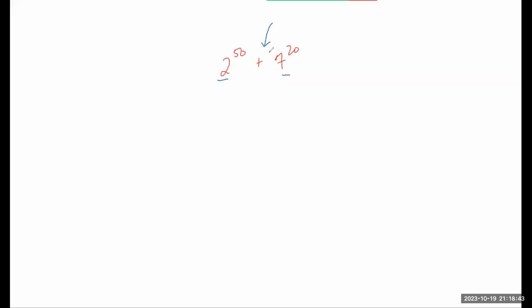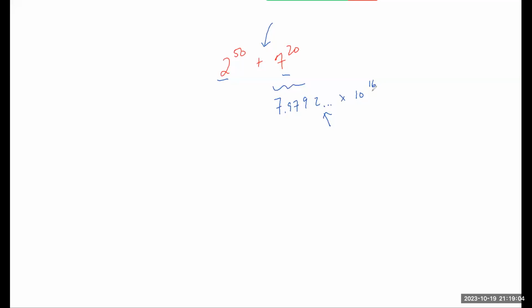And let me just see here, 7 raised to the 20th power. This part by itself is 7.9792... times 10 to the 16th power, which is, we will never even know all the digits unless we multiply this out by hand.